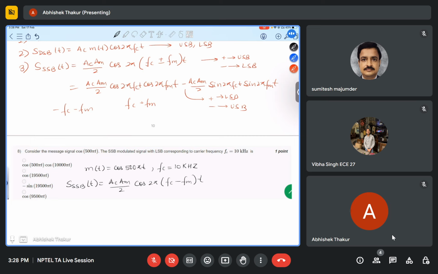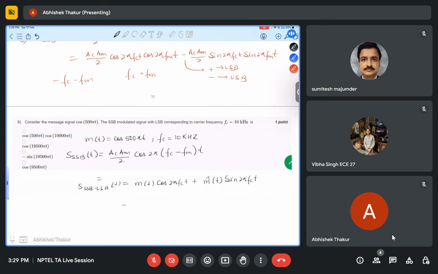So this signal will become, and also when the SSB is modulated with LSB, lower sideband, we can write this as s_LSB(t) equal to m(t) cos of 2 pi fc t plus Hilbert transform of m(t) into sine of 2 pi fc t.